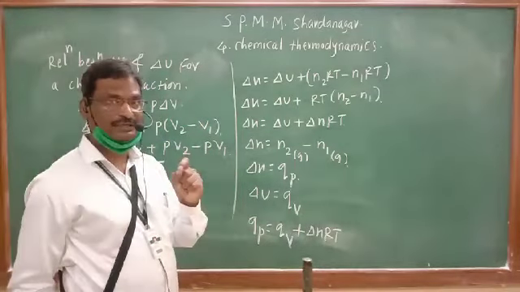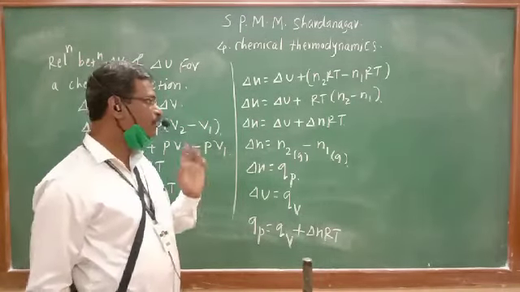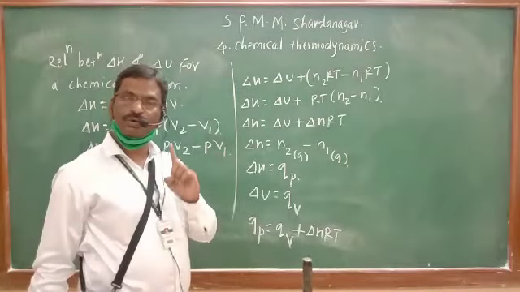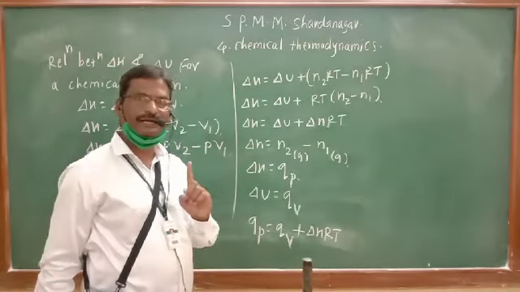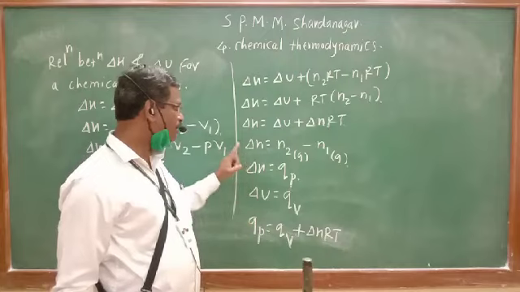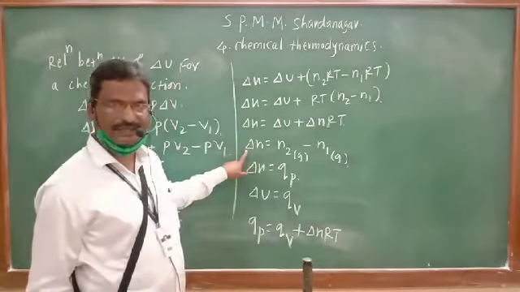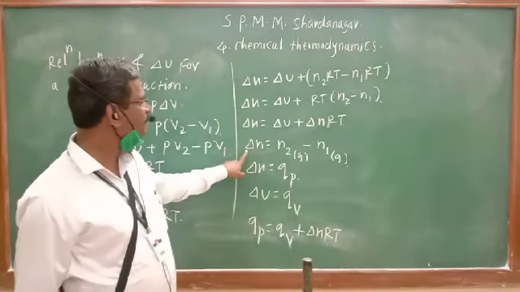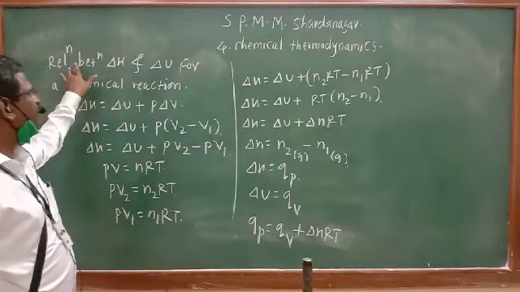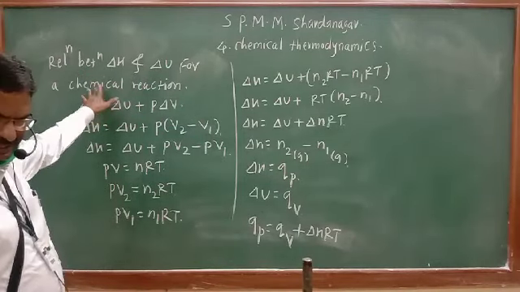Number of moles of reactant and product which are present in gaseous state, only those are taken into consideration for calculation of delta n. So this is about relation between delta H and delta U for a chemical reaction.